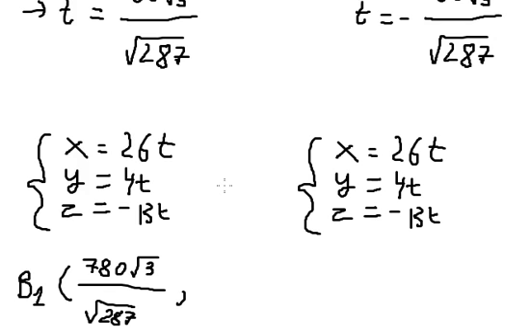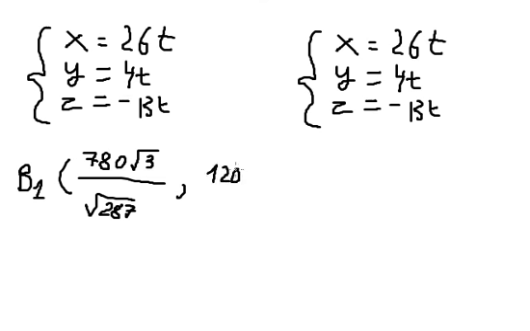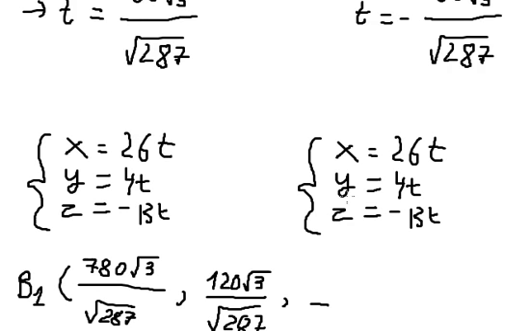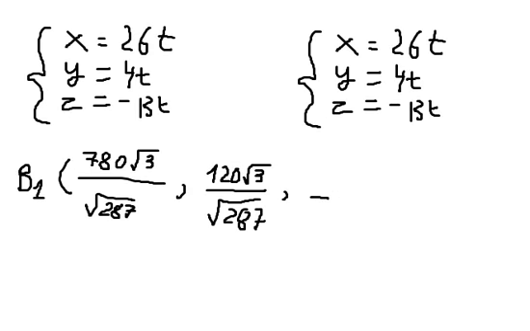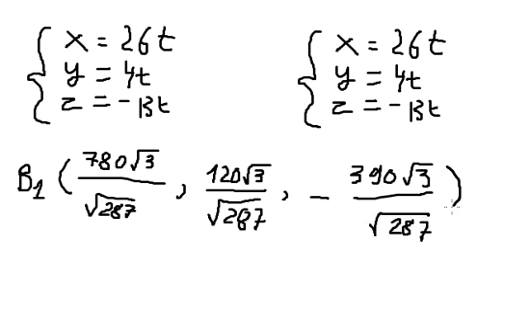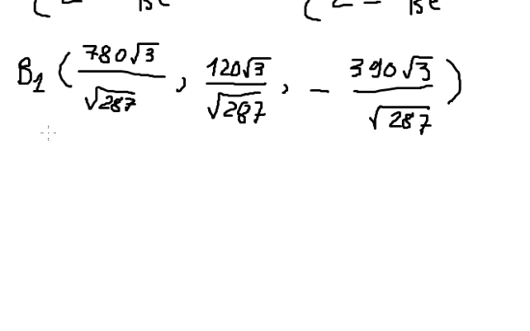The next one is 120 times the square root of 3 over the square root of 287. And the next one is negative 390 times the square root of 3 over the square root of 287. And B number 2 is about like this.